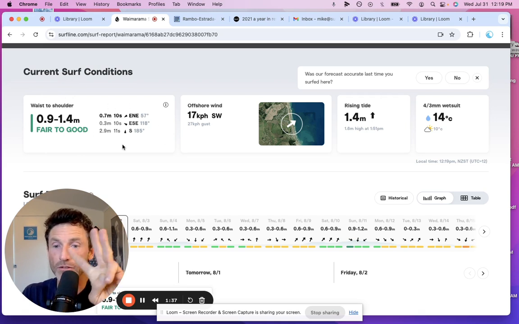You want to take note of three things: the size of the swell, the period of the swell, and the angle of the swell. And see how it says it's a south? It's not accurate enough.